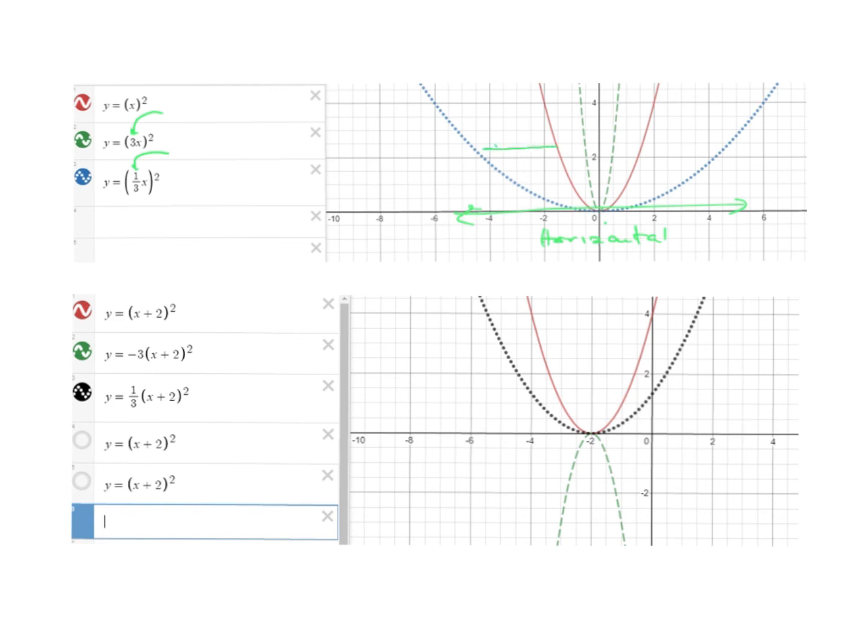We'll do this in green. In the one where we have the 3, the number greater than 1, inside the parentheses, we actually have our shrink here in the green. And this is some of our horizontal shrinking and stretching. Shrinking could also be called a compression, if you see that.